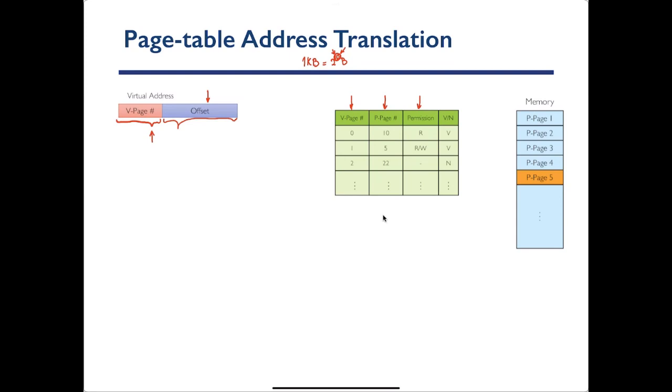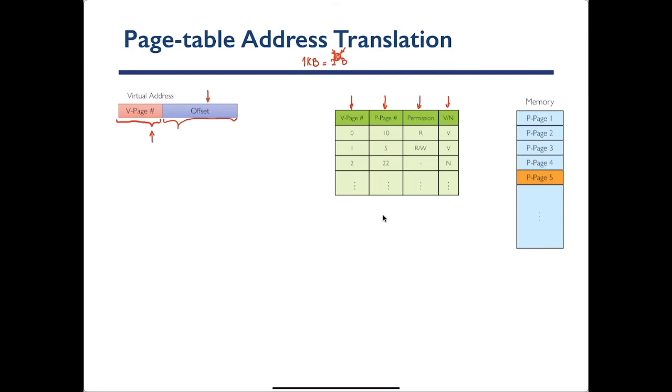So you could have permission for each page. You could say this virtual page is mapped to this physical page with read permission, or write permission, or read and write permission, or read only permission.